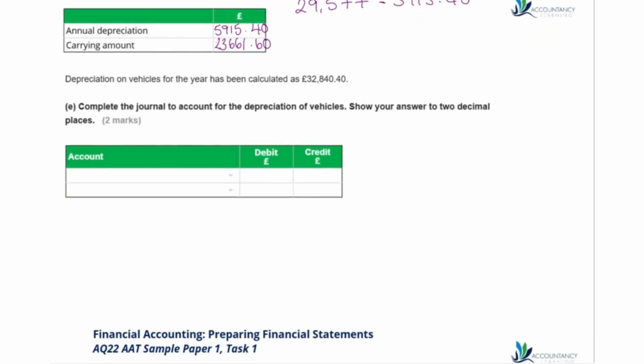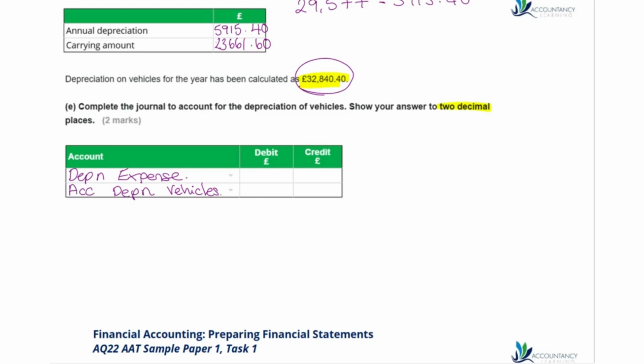Depreciation on vehicles for the year has been calculated as £32,840.40p. Complete the journal to account for the depreciation of vehicles and show your answer to 2 decimal places. So depreciation is going to take the depreciation account as an expense to the business, and it's also going to take into account the accumulated depreciation as well for vehicles.